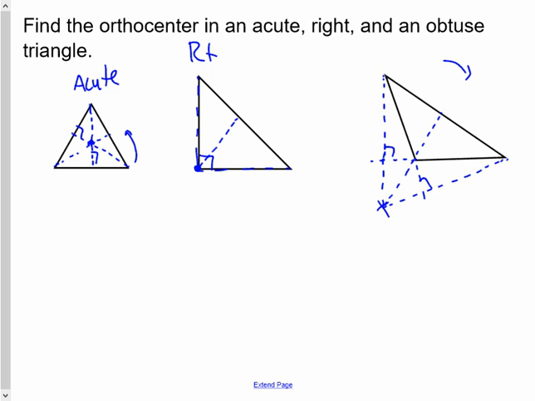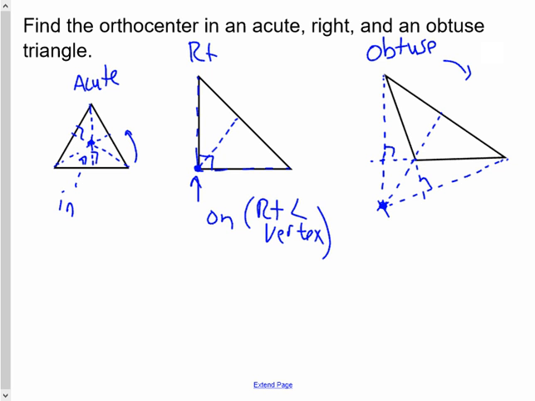My orthocenter would be outside in an obtuse triangle, on the vertex in the right triangle, and inside in my acute. So again, I've said this already, so just a little note: outside of the obtuse, on the right angle vertex, and inside an acute triangle.